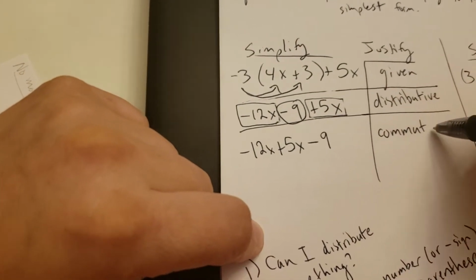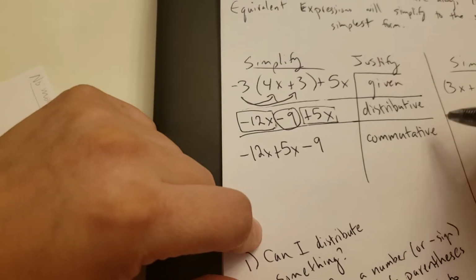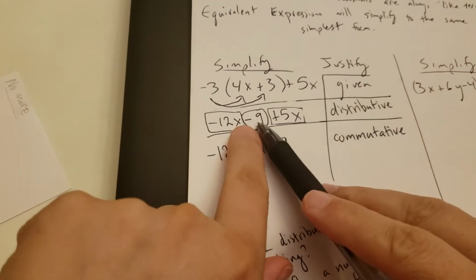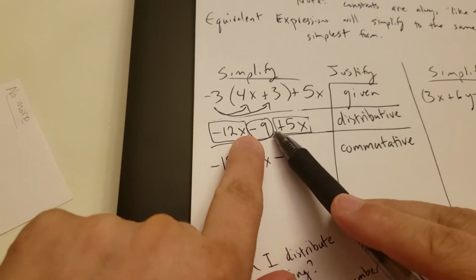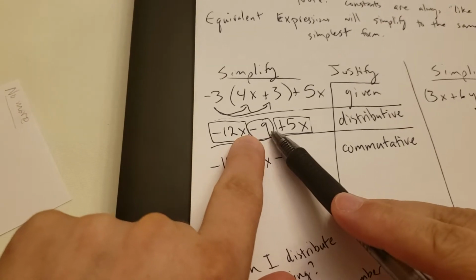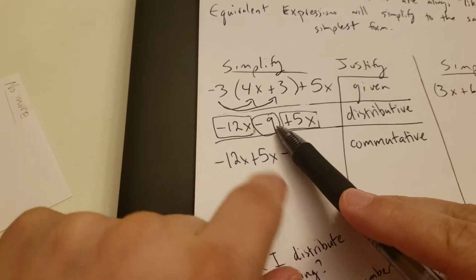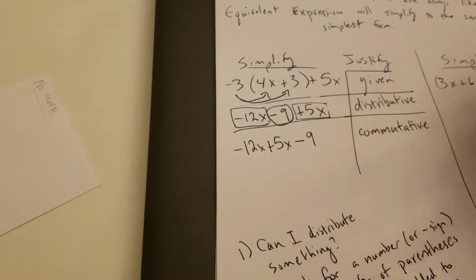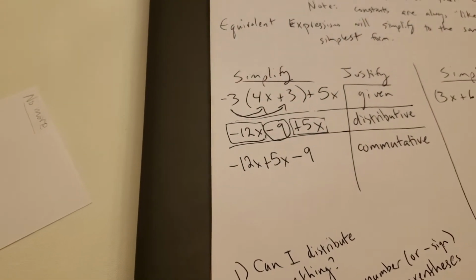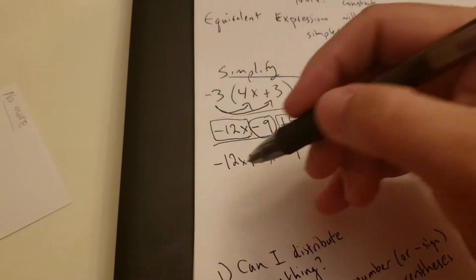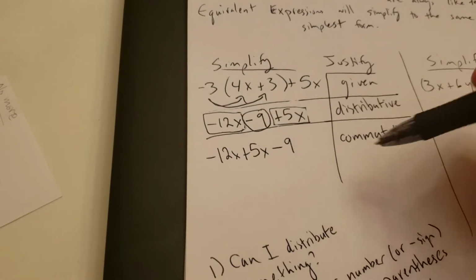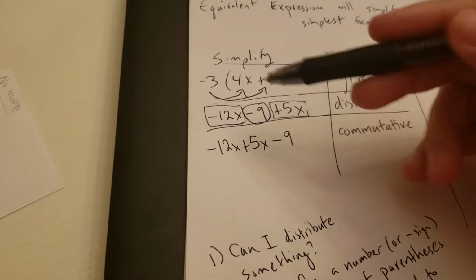Remember, we can use the commutative property even if we've got subtraction signs, so long as we keep that minus sign right in front of that 9. We keep them together. Okay? Because it's just like adding minus 9, adding negative 9 to it. So the more you do stuff like this, the less likely you'll have to actually make this step.